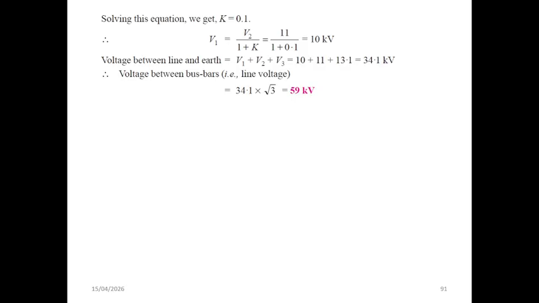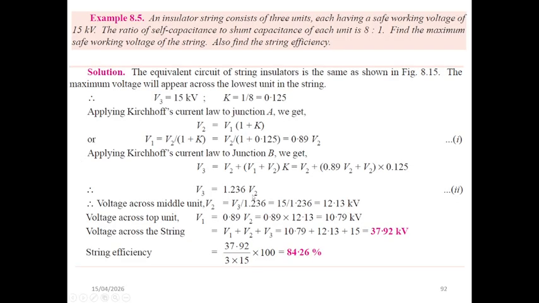This slide effectively concludes the example by linking the detailed voltage distribution analysis to the overall system voltage and reinforcing the practical importance of this calculation in HV systems. All right, this is another example.